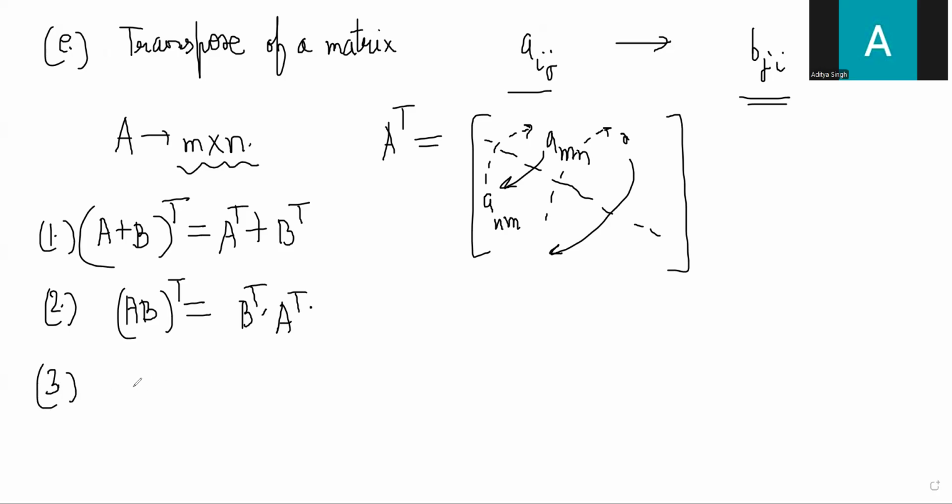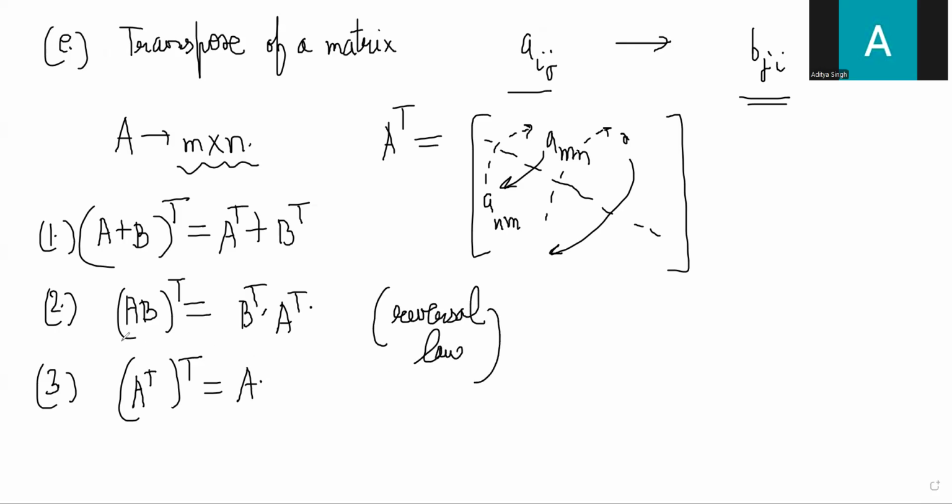Then similarly, (A transpose) transpose is same as A. The second property is very important. It is called the reversal law, where the order of the matrices has been reversed.